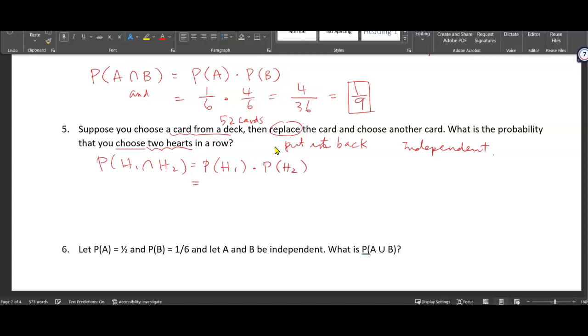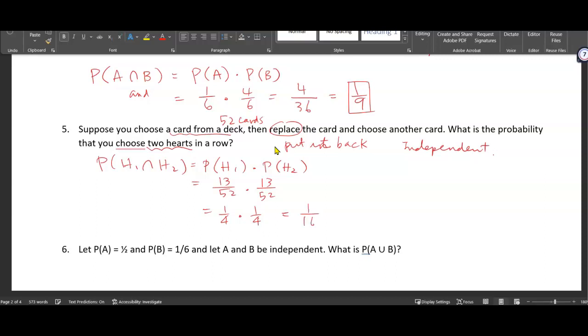And so that is, again, how many hearts? 13 out of 52. And then because you put it back, you still have 52 cards, and still 13 hearts. And each one, 13 out of 52, simplifies to be 1/4. I can simplify first and then multiply, or multiply and simplify, it doesn't matter.